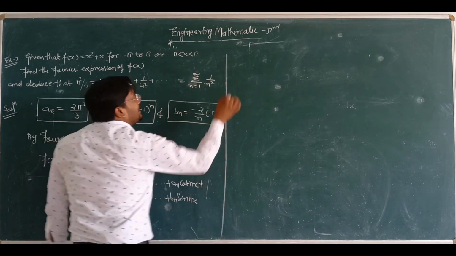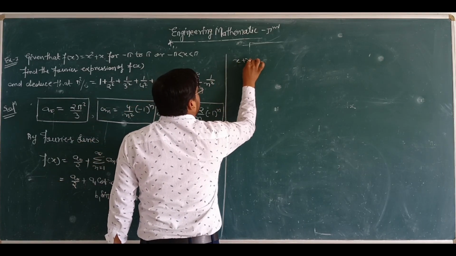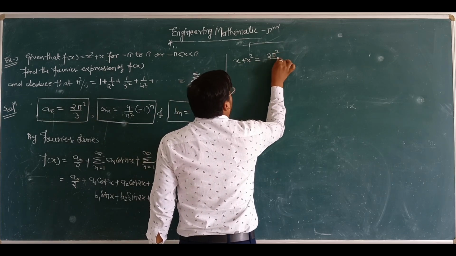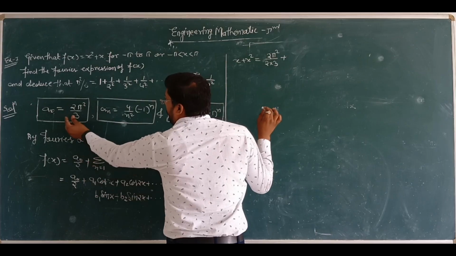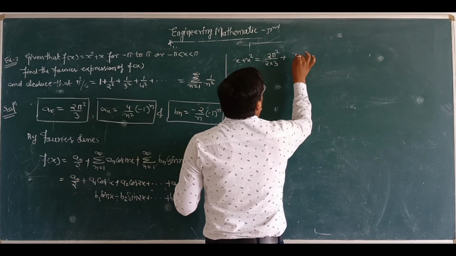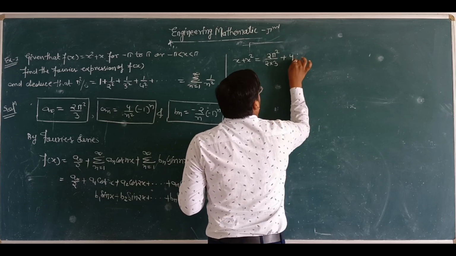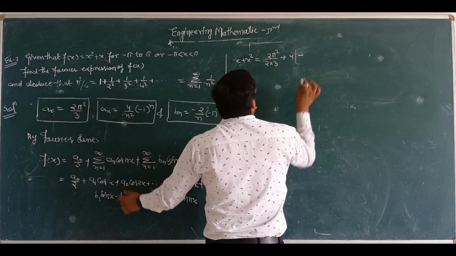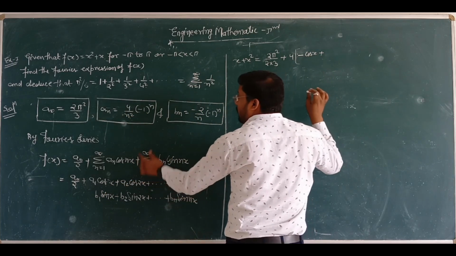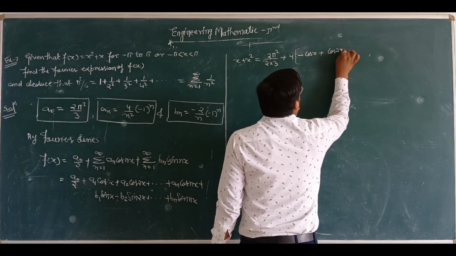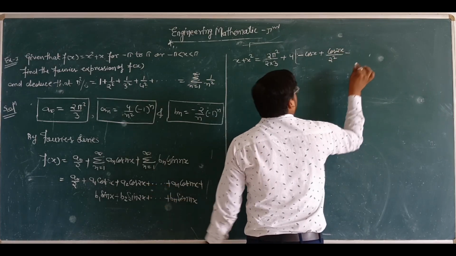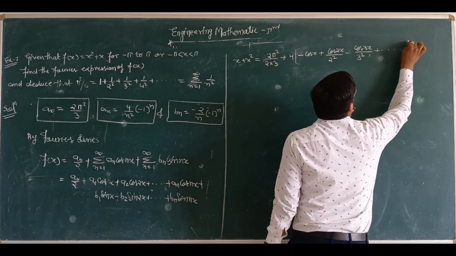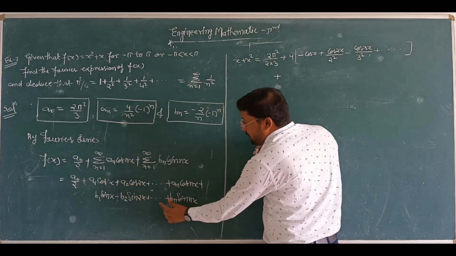You can write the value of f(x), this means x plus x square is equal to the value of a0, this is equal to 2 pi square upon 2 into 3, plus the value of a1, this is equal to 4 bracket, put the value of a1 minus cos x plus the value of a2 cos 2x upon 2 to the power 2 minus a3 cos 3x upon 3 to the power 2 plus and so on, plus the value of bn.